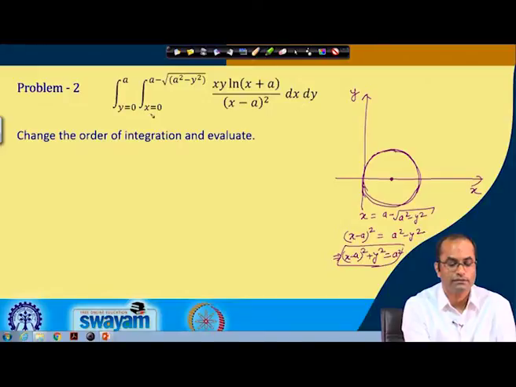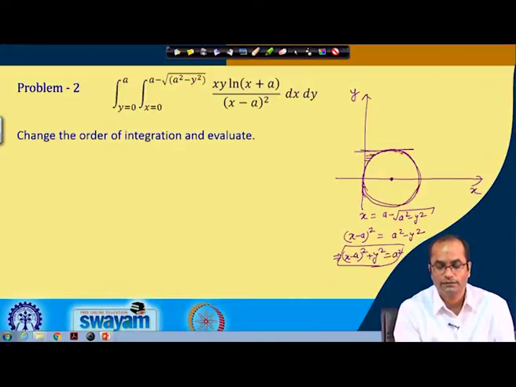So, for x it goes from 0 to the circle. So, from 0 to the circle, and in the direction of y, it is exactly going to y is equal to a, that is the radius of the circle.